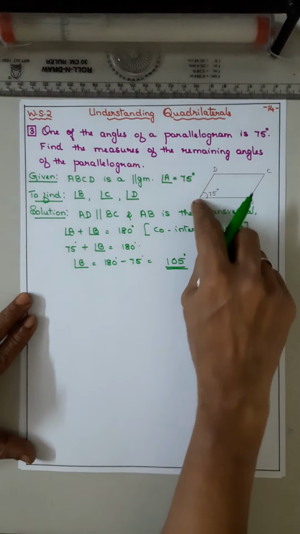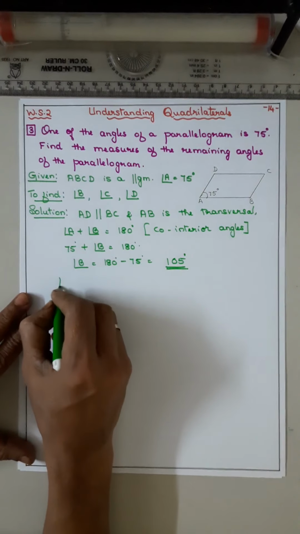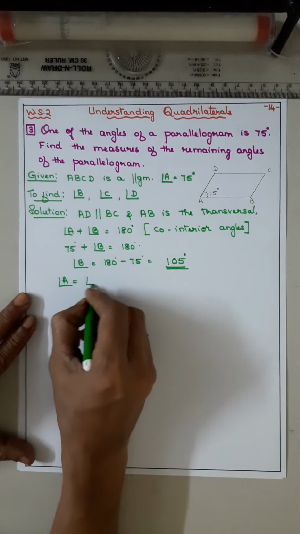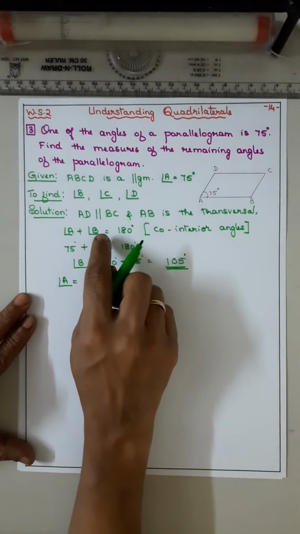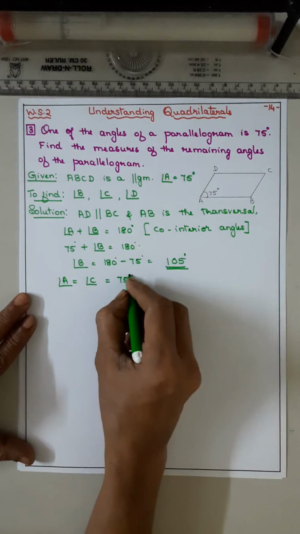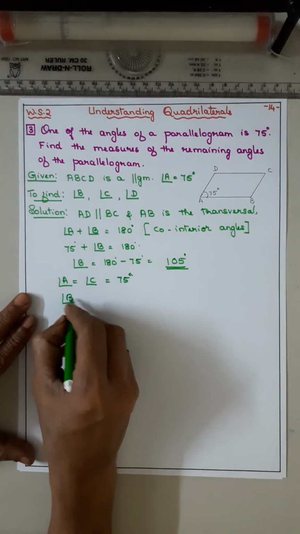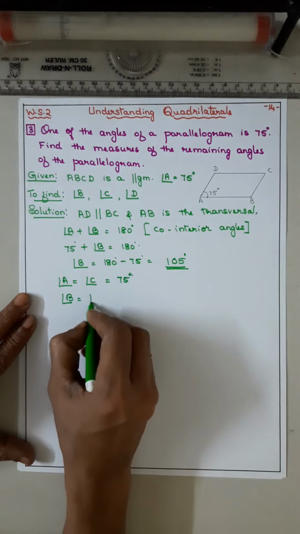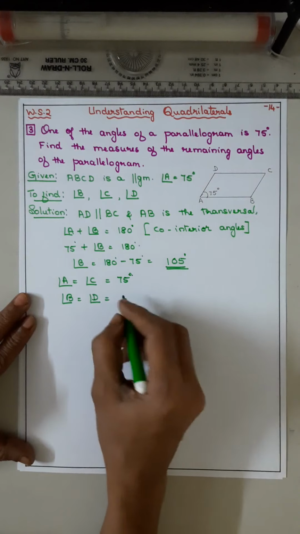Now angle A is equal to angle C. Yes or no? Angle A is 75, and angle B should be equal to angle D, that is 105.